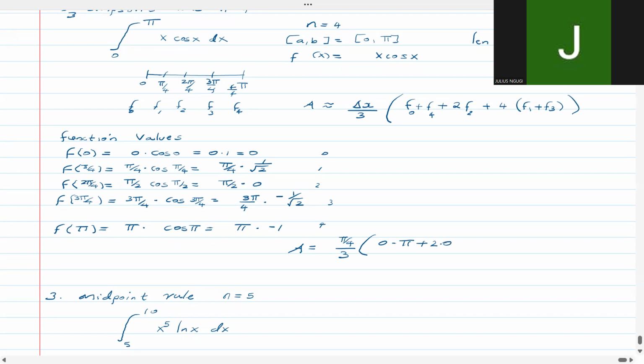Plus 4 times the ones in the odd position: the first one is pi over 4 times 1 over root 2, that's pi over 4 root 2. The other one in the odd position, the third one, is minus 3 pi over 4 root 2.